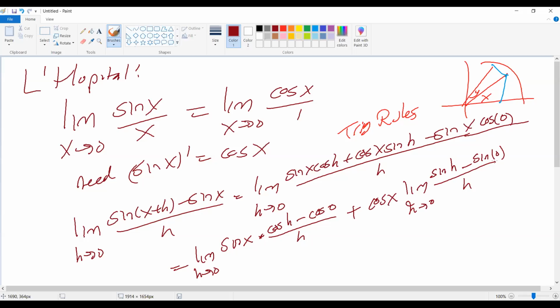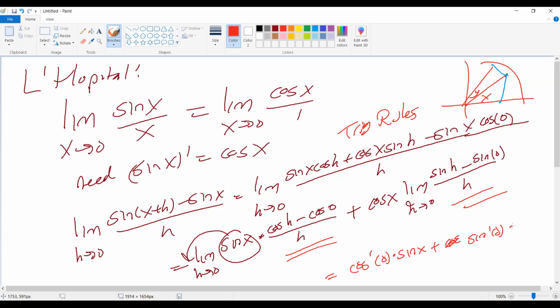And so now, to calculate the derivative of sine, I can pull this sine outside, just like I pulled the cosine. I need to know two limits. I need to know the derivative of cosine at 0 and the derivative of sine at 0. And I get cosine prime of 0 times sine of x plus sine prime of 0 times cosine of x. And once you know those two limits, then you know everything. But you have to prove those limits, and those limits can be proven geometrically.